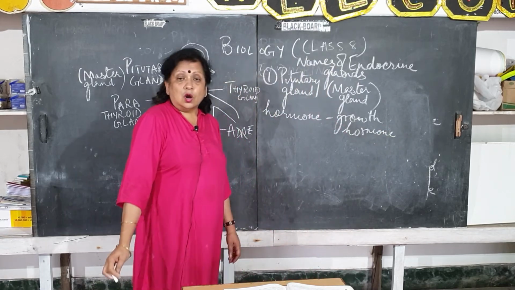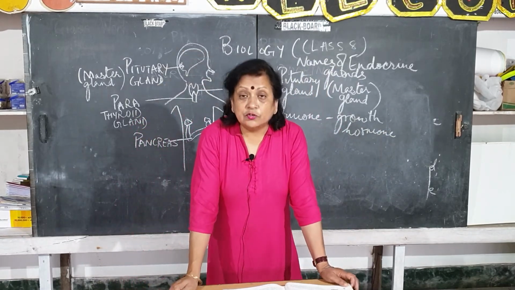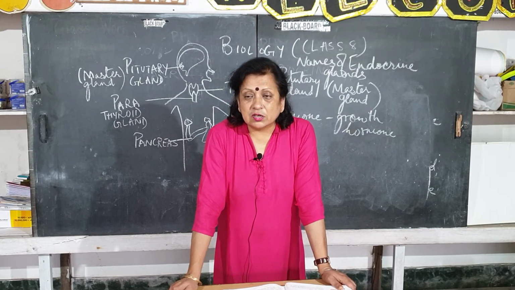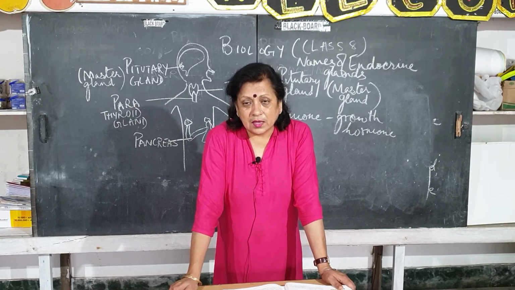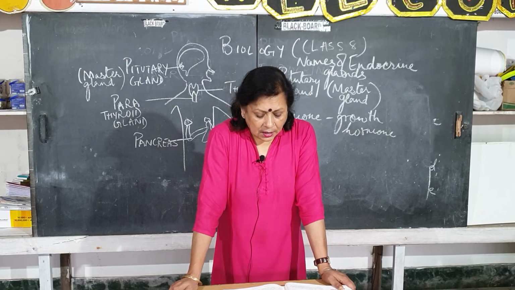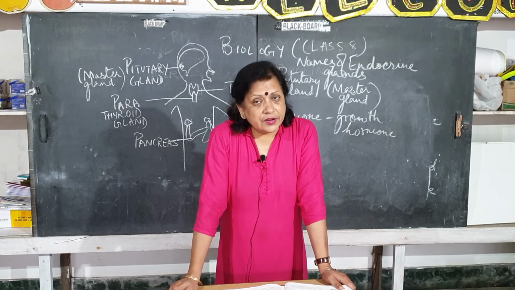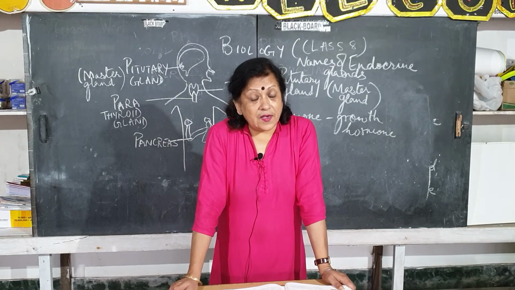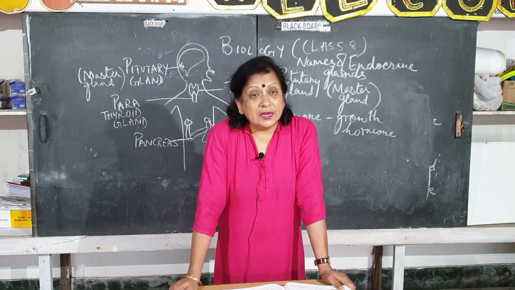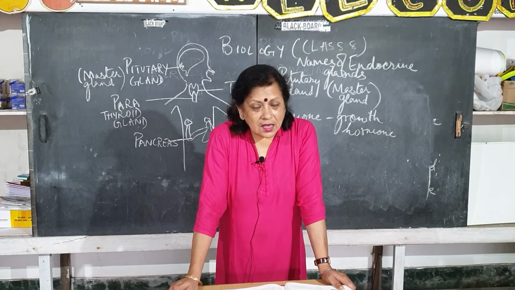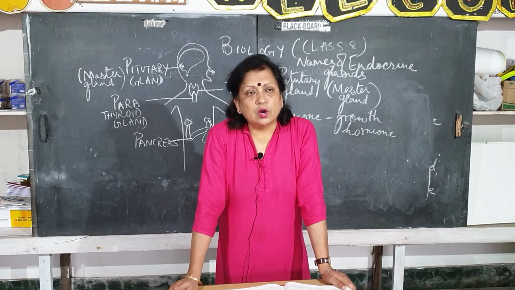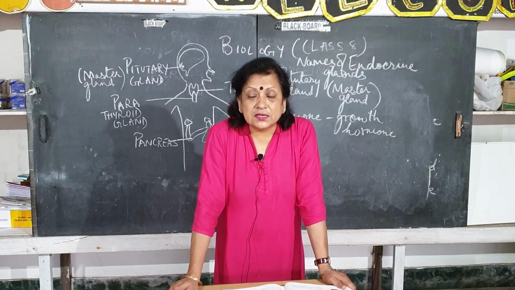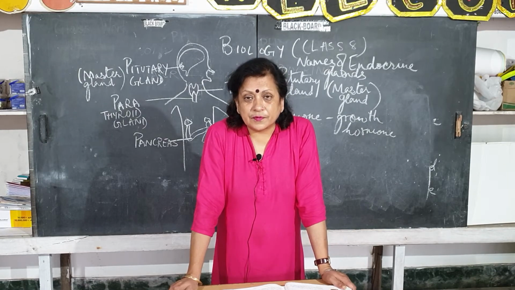And this growth hormone will control the overall development of the human body. If the growth hormone is over-secreted, a person becomes a giant, very tall. But on the other hand, undersecretion of the growth hormone will result in a person becoming a dwarf.